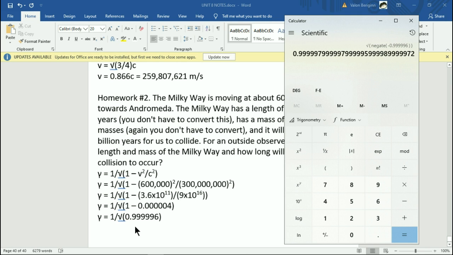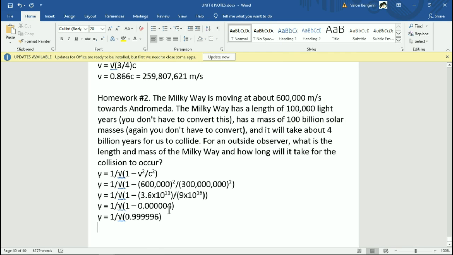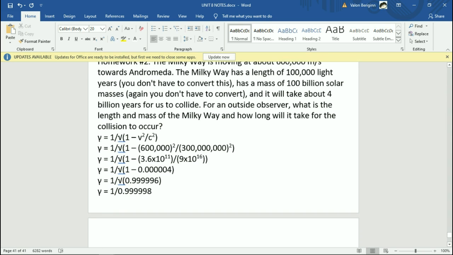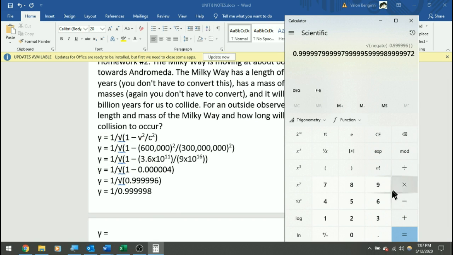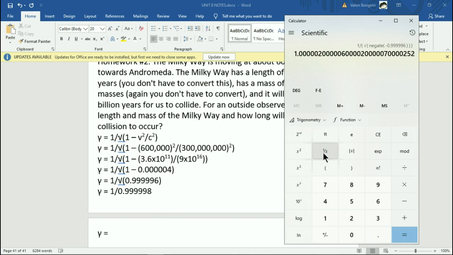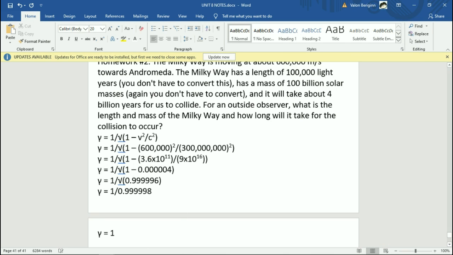I guess we'll just go to 8 there, so that's five nines and then an 8. So that is our Lorentz factor of the Milky Way compared to Andromeda.